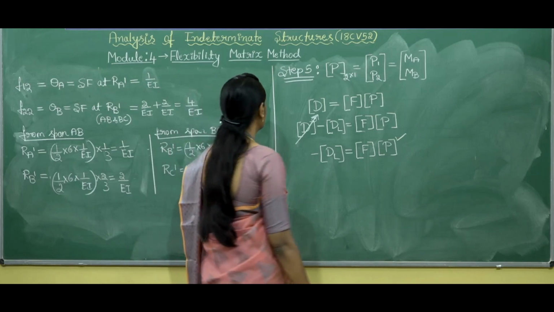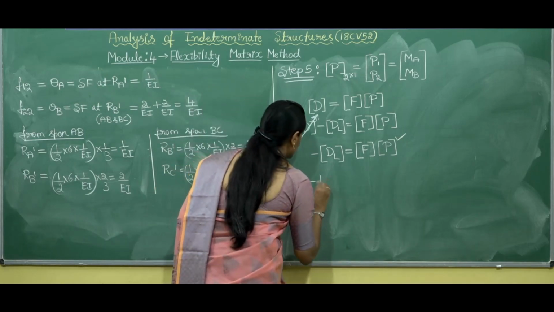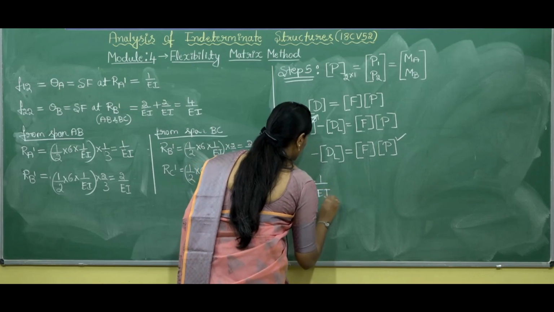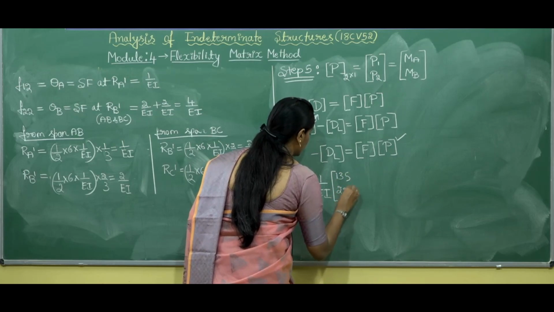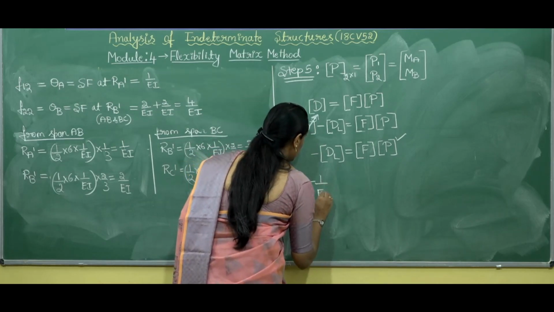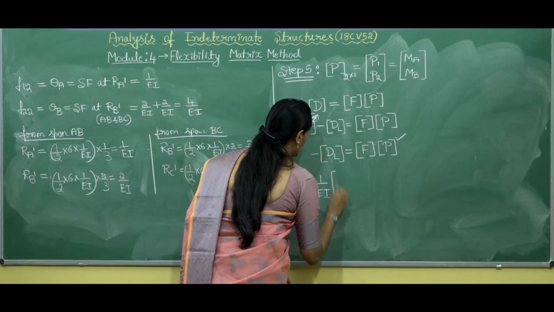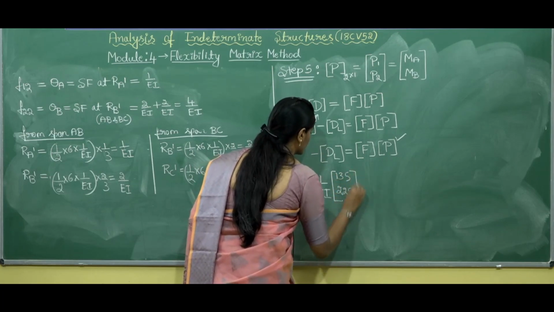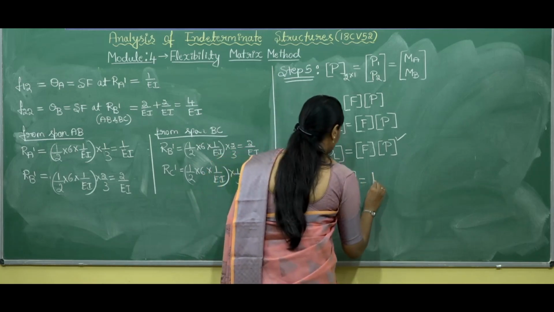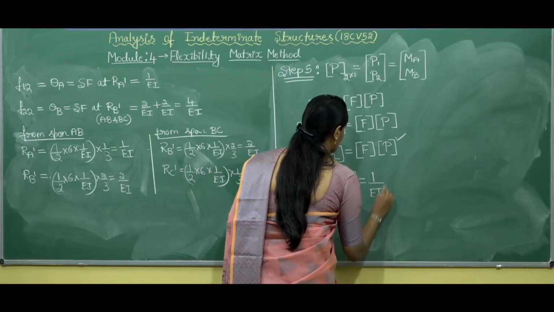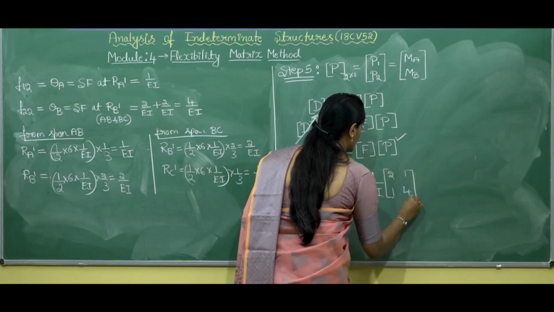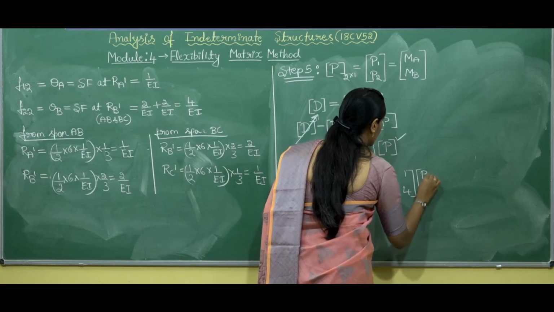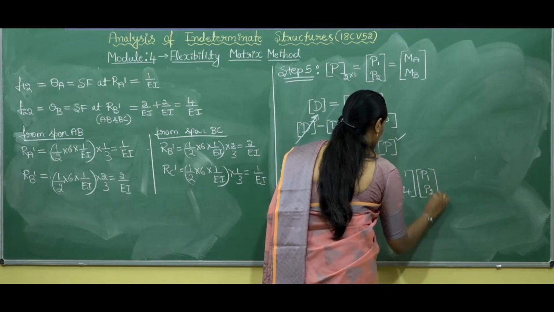If you substitute the values, we already solved for the DL matrix. The values are minus 1 by EI into D1L is 135 and D2L is 225, and the F matrix is 1 by EI common, 2, 1, 1 and 4, into P1 and P2.